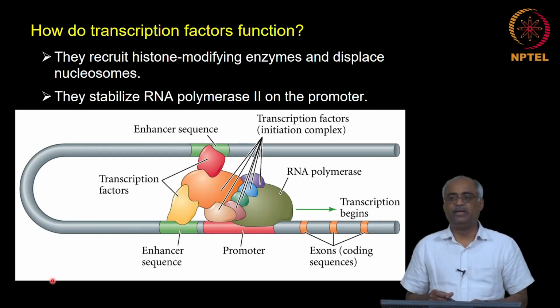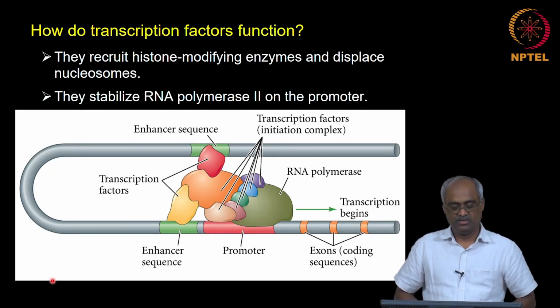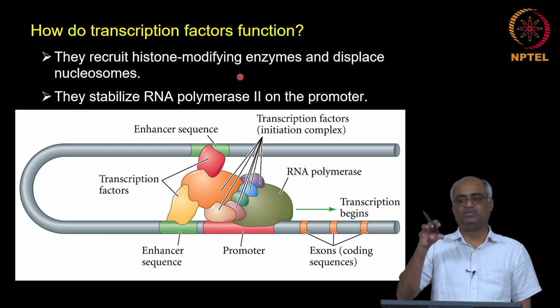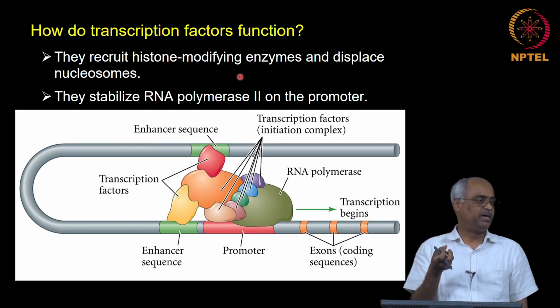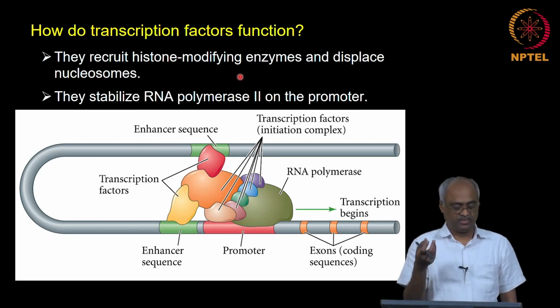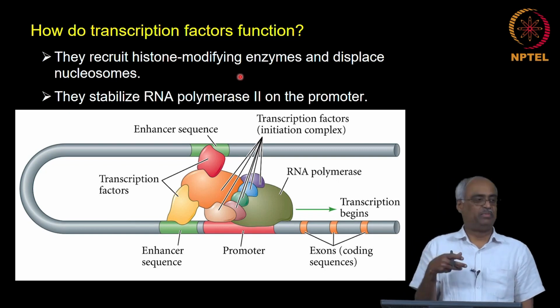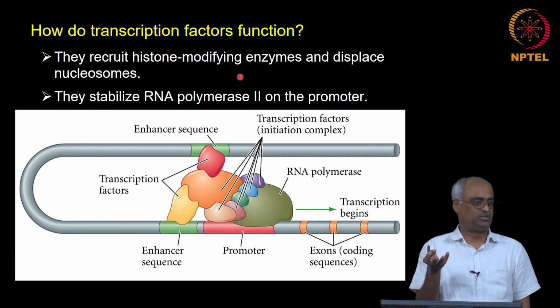So how do they function, like how do they activate or inactivate or control transcription? Oftentimes it is by one of these two or both. One, they recruit histone modifying enzymes. For example, when a transcription factor binds to a particular sequence, it may recruit a histone acetylase, or an enzyme that removes inhibiting methyl groups from histones.